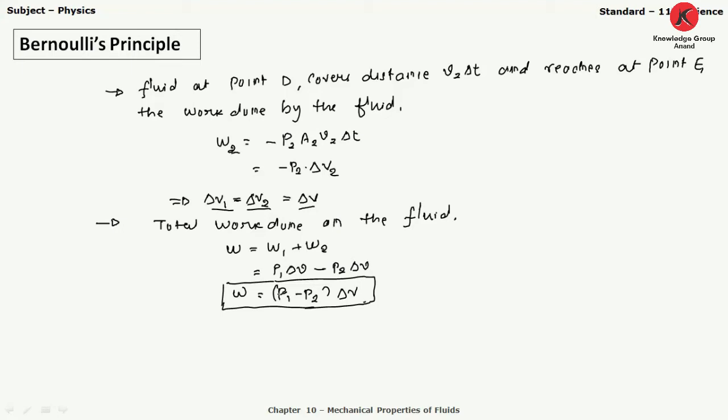Now what will happen? Part of the work goes into changing the kinetic energy, and part of the work goes into changing the gravitational potential energy.